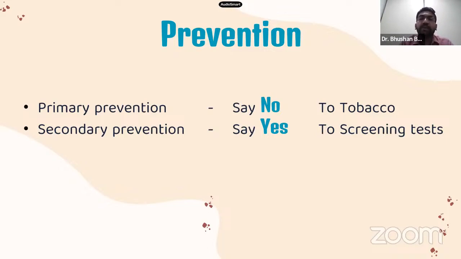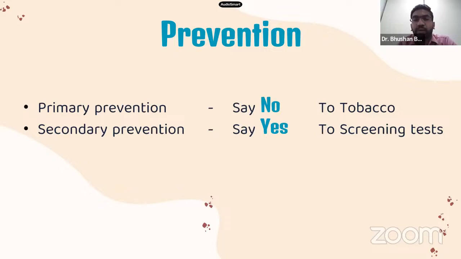Secondary prevention is if you are a tobacco chewer or smoker and you want to continue doing that. Okay, fine. You want to continue eating tobacco or smoking cigarettes. At least once in a year, you get your screening test done to protect yourself from very aggressive forms of cancers. What will this screening test do?